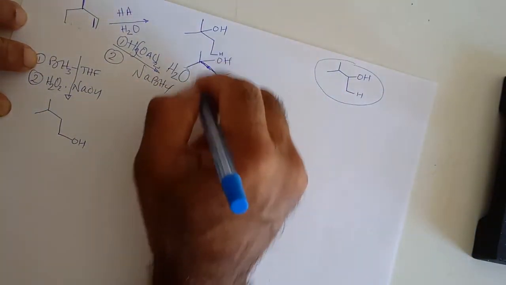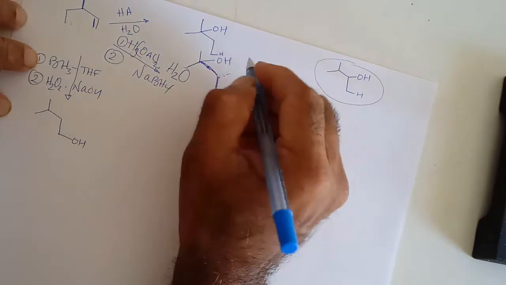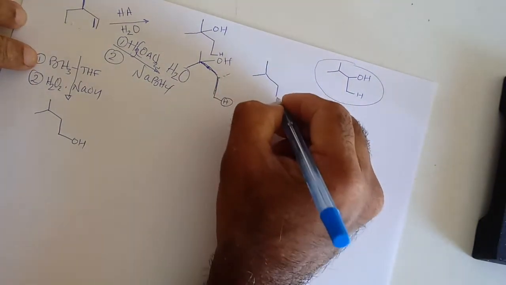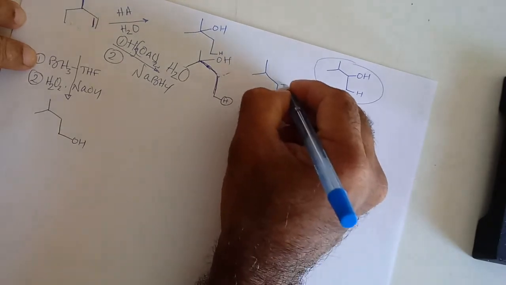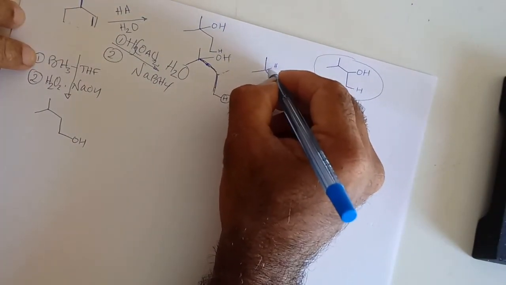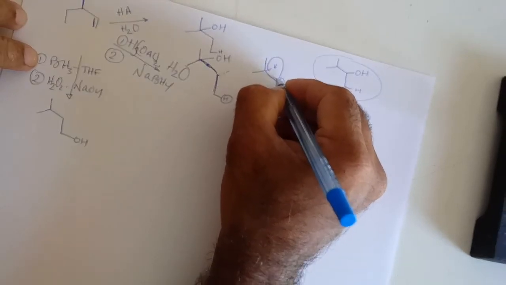But in these two cases, there is a finite life of a carbocation. So what happens is, when there is a carbocation formed, you have to consider hydride shift.